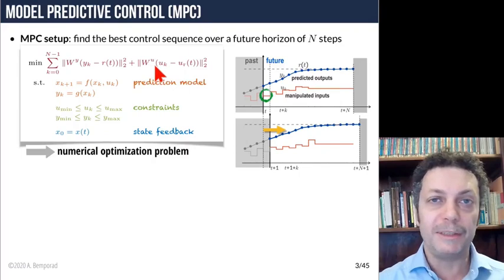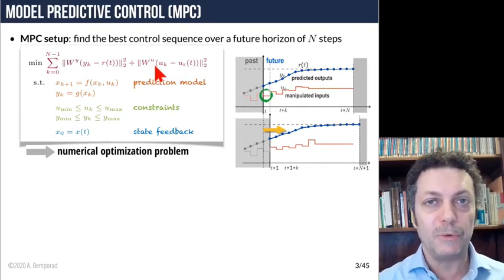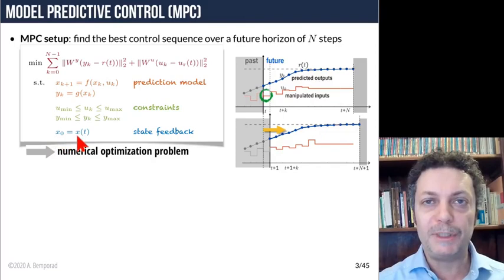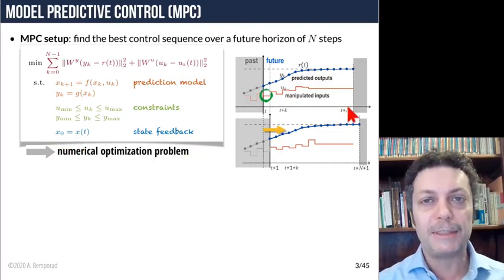Or could be penalties on input variations to smooth out the control action. So this is a finite optimal control problem that you set up for the current time t by looking ahead n steps in the future. So the optimal control problem is over n future steps.